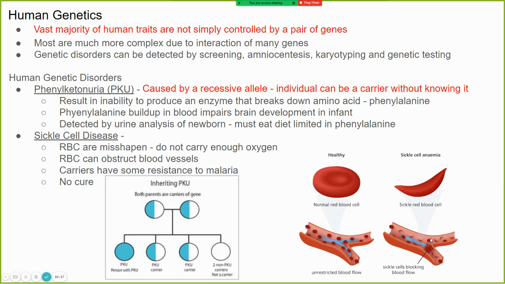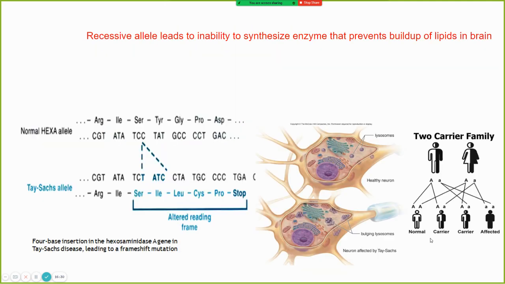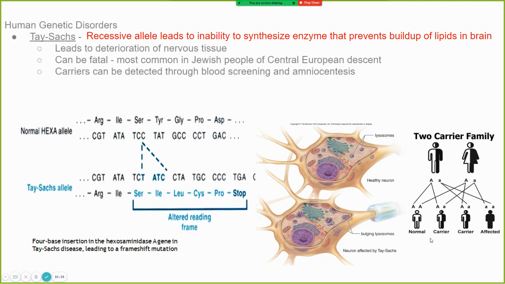We'll learn about that. Sickle cell disease is another one, caused by a recessive gene that causes the blood cells to be misshapen. And you could figure out your chances of having a certain disease if you know the parents' genes.